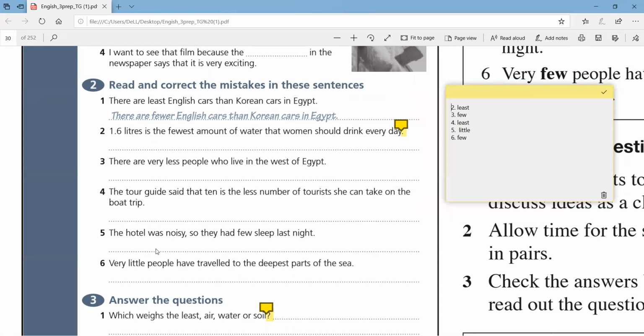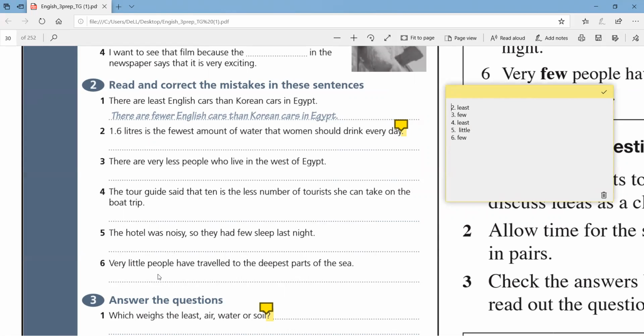Number five, the hotel was noisy, so they had few sleep last night. Few is not matched with sleep because sleep is uncountable, so we should use little. The hotel was noisy, so they had little sleep last night.